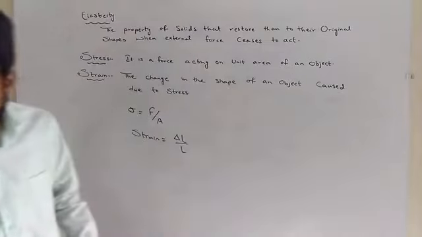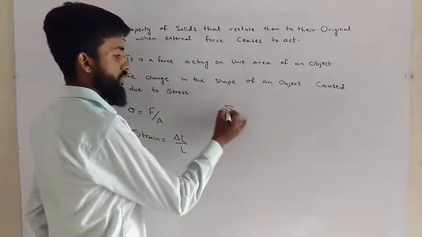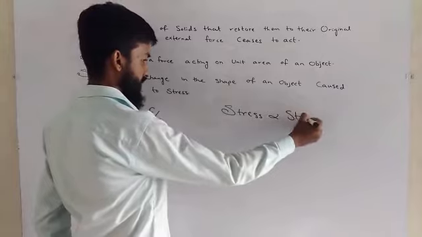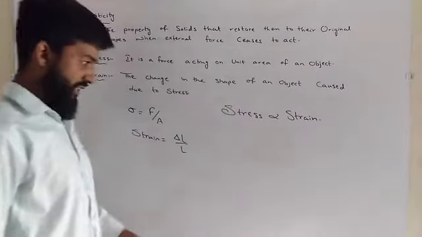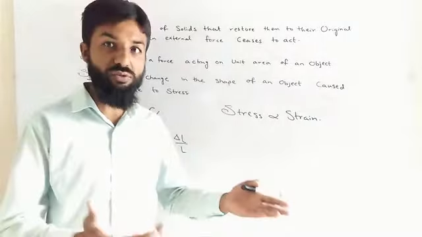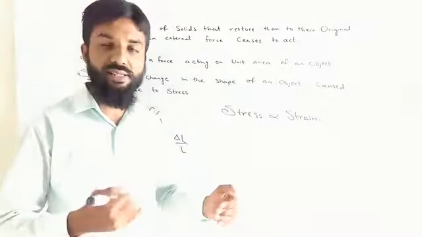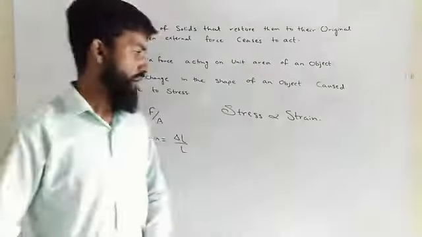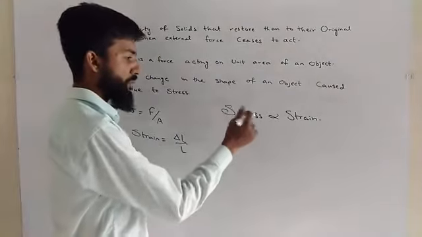Stress is directly proportional to strain. It means that when we increase stress on a certain body, the strain also increases, and when we decrease stress, the strain also decreases.